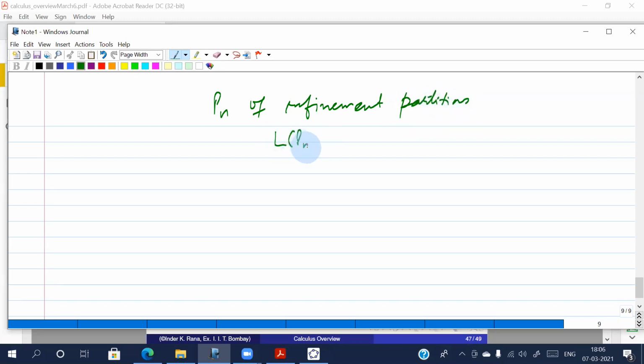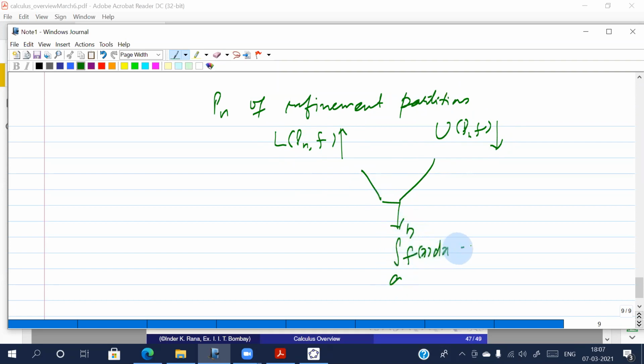Look at LPn of f, look at UPn of f. This one is an increasing sequence of numbers, this is a decreasing sequence of numbers, right? And both are bounded above and below, so they will converge. And if they converge to a common value, that is called the integral of f(x) dx, and that is the area.